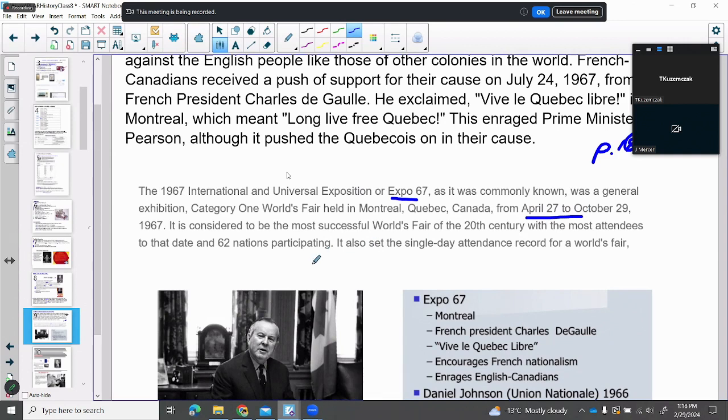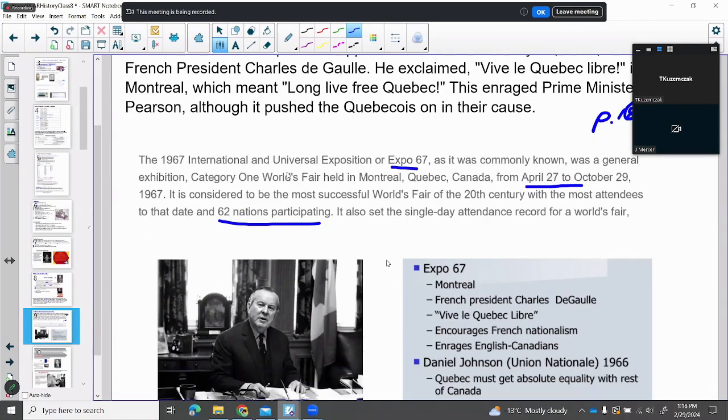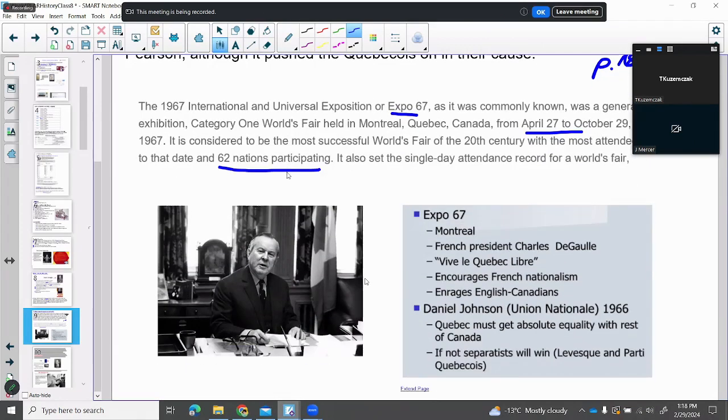It is considered to be the most successful World's Fair of the 20th century, with the most attendees to that date and 62 nations participating. It also set the single-day attendance record of the World's Fair. There's a picture of Charles de Gaulle, and again, he encouraged French nationalism, so pride in their culture.